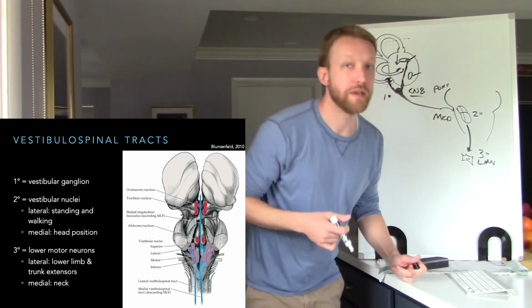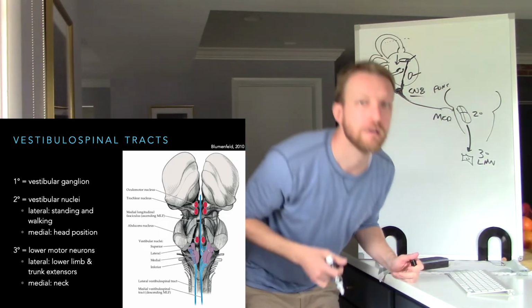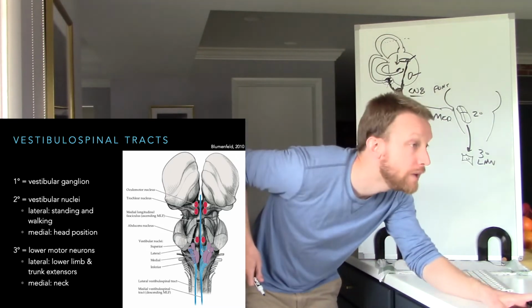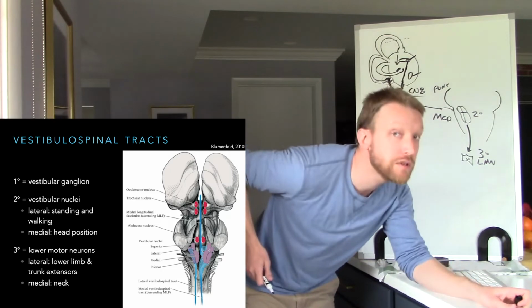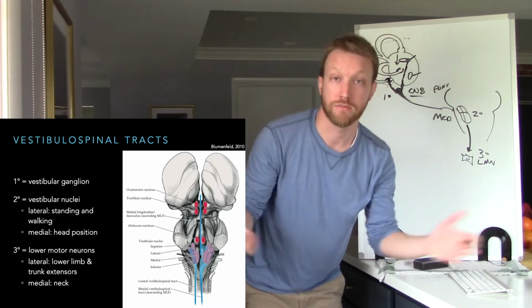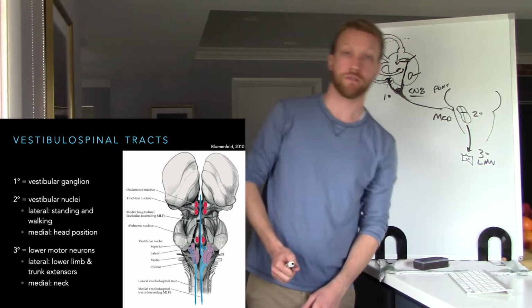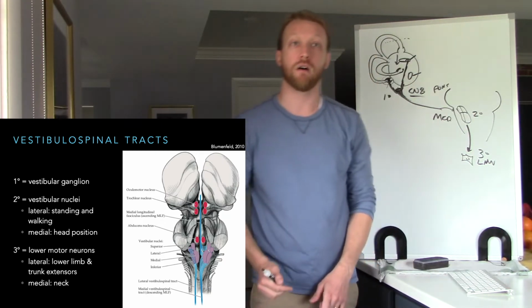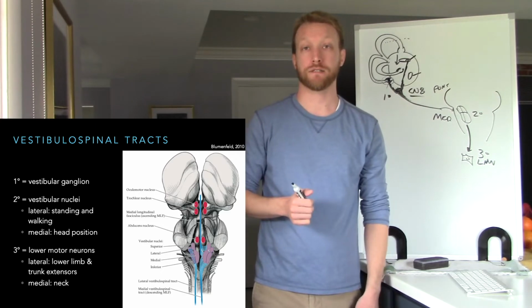So if we're bending over, let's say we're playing a game of pool. When you bend over the pool table, you can keep your head upright. It's no problem. And you'll also keep your sense of position as you're moving around. That's because of our vestibulospinal tracts.